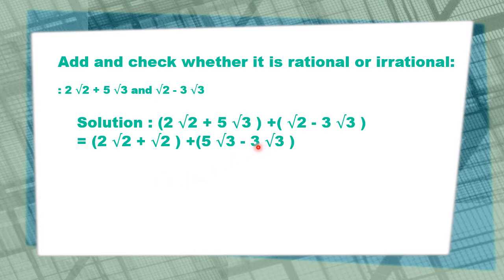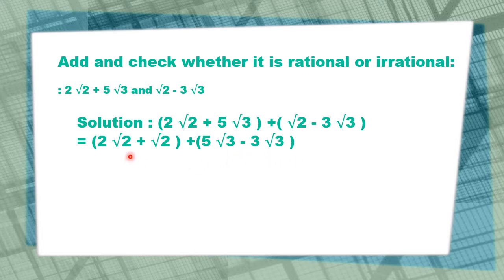What have we done in this step? Can you realize? We have grouped them. We have used the associative property and done the grouping. Like we have grouped the same numbers in one parenthesis and the other numbers in the other parenthesis where we can see common numbers.